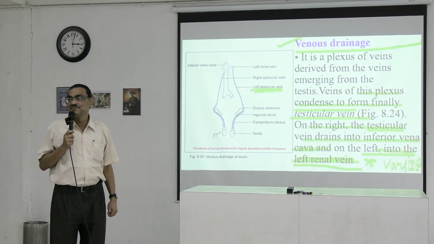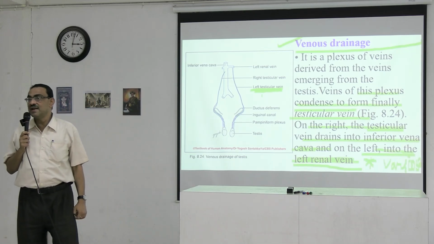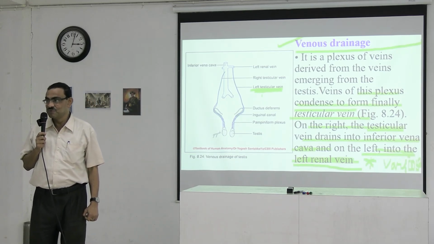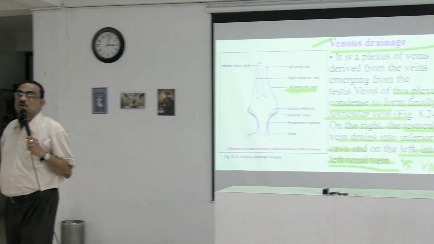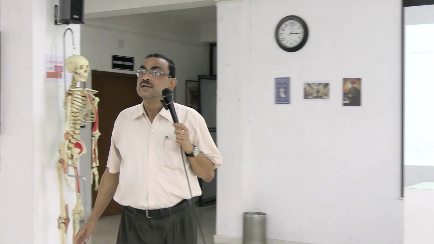Which one? Suprarenal vein. Left suprarenal vein. Okay. So why are we concerned with the pampiniform plexus and this testicular vein? Clinically, surgically, it is very important. You will get cases in surgery OPD, that is varicocele.